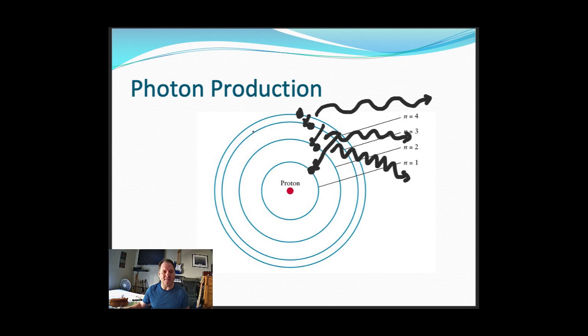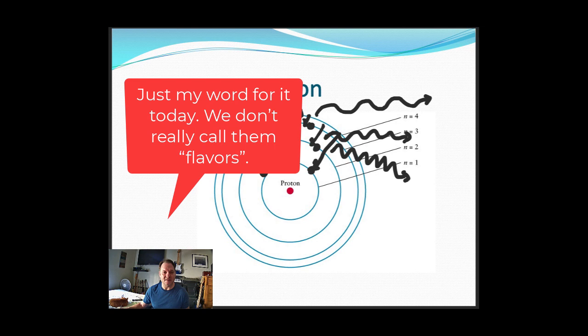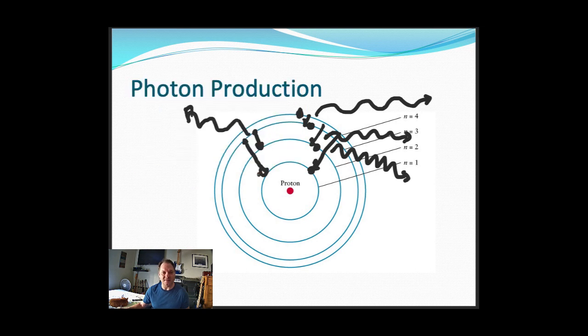Now, what other possibilities were there? We could have had the electron going from 3 to 2, or 3 to 1. And again, that would be two different flavors of photon, different energies. And there would be a situation where the electron could jump from 2 down to 1, creating another photon with a different frequency.